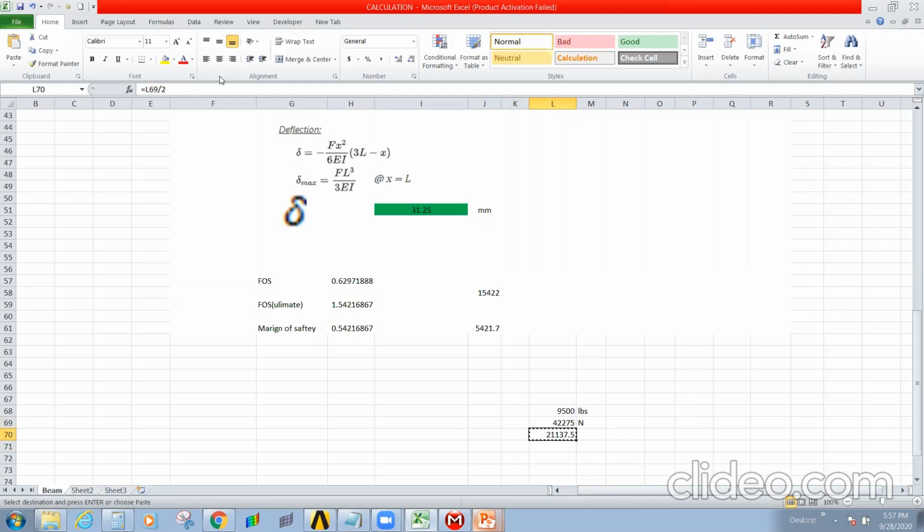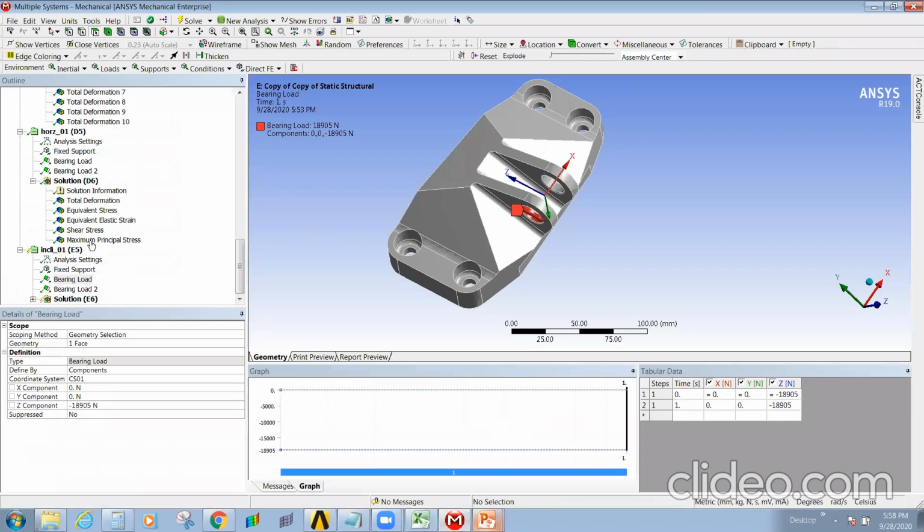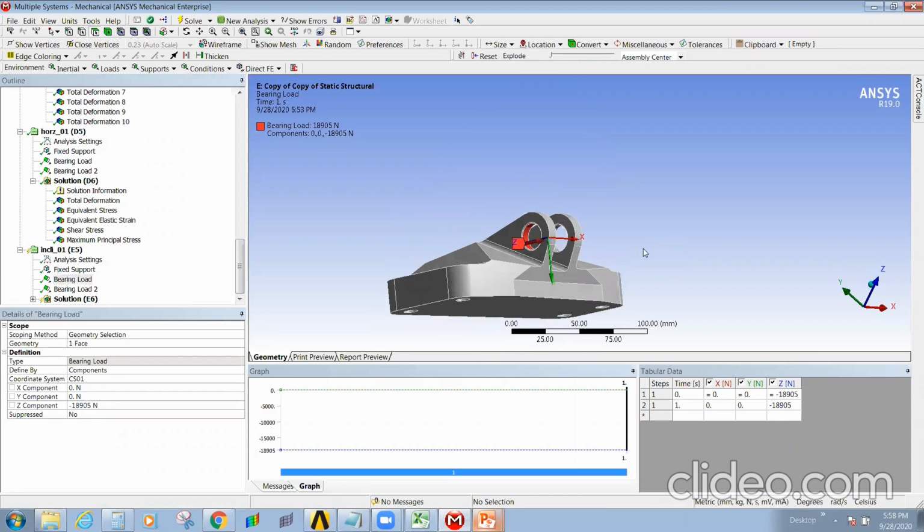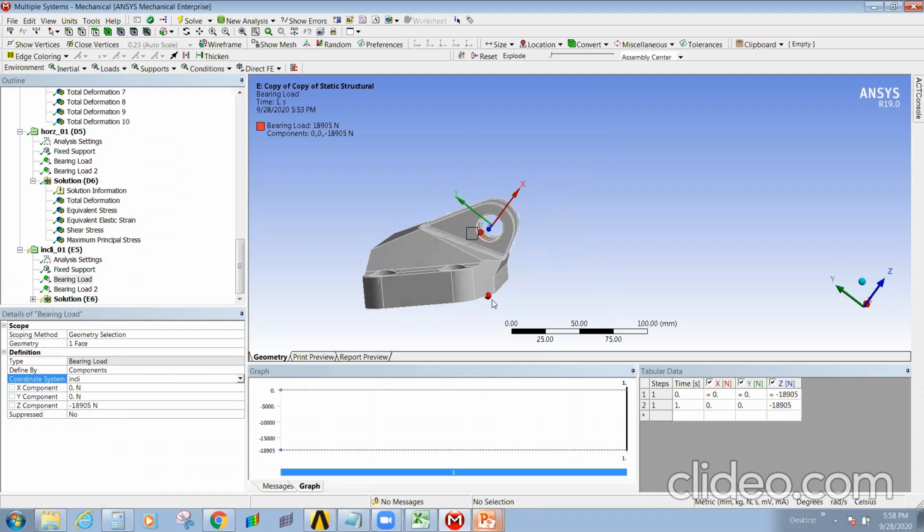So your lug load force values will be 21,137.5. Now you're applying your bearing loads in the vertical direction. So the vertical direction will be the component, and your coordinate system will change to inclined. So that will be your positive x direction.